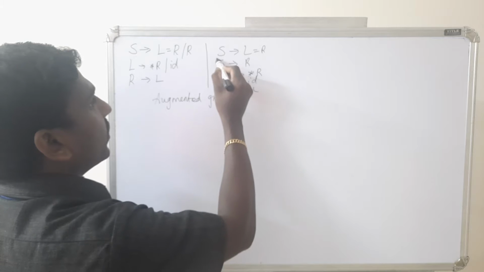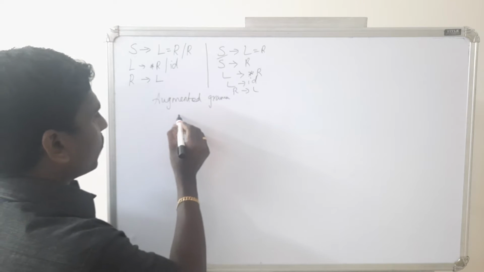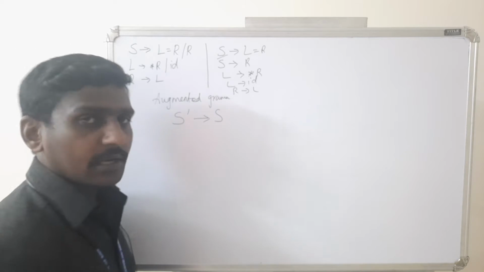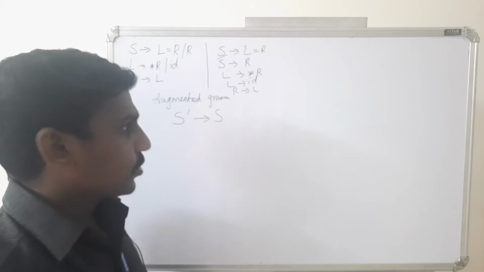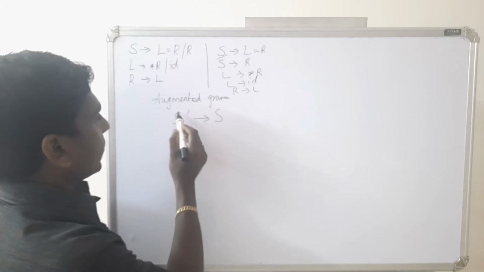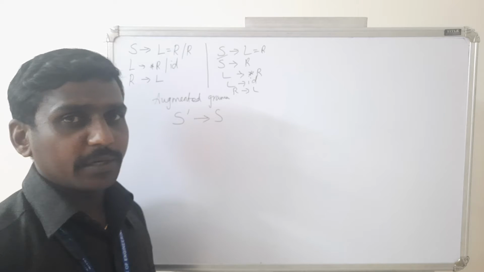For the augmented grammar, we have to see the start symbol. S is the start symbol, so you have to write S dash tends to S. Even if E is the start symbol, how will you write it? E dash tends to E. This is the rule to find an augmented grammar.